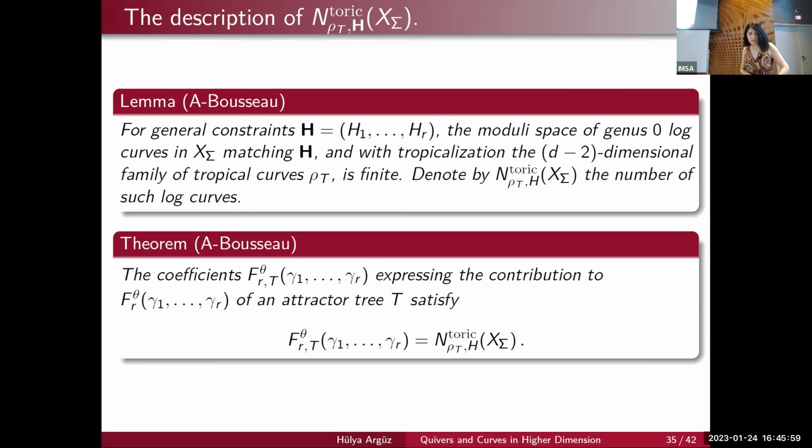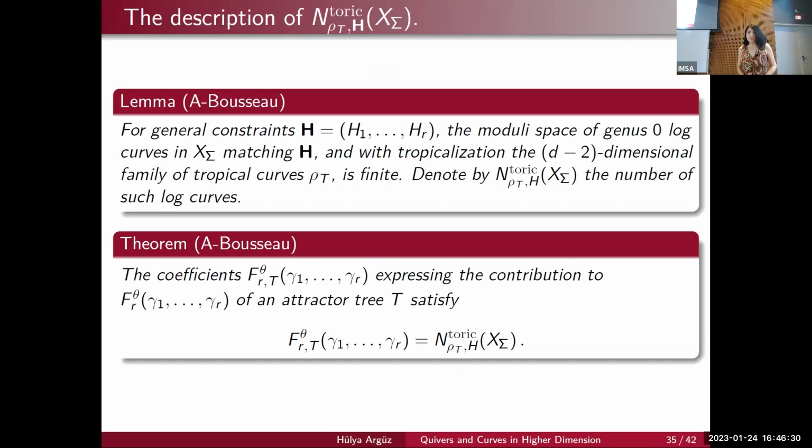And our theorem states that the coefficients F_T theta, expressing the contribution of T in the attractor flow tree formula that I mentioned, when you relate general DT invariants to attractor DT invariants, are determined by these coefficients. We prove that this F_T theta is equal to the N^toric, which is the count of log curves in the toric variety.